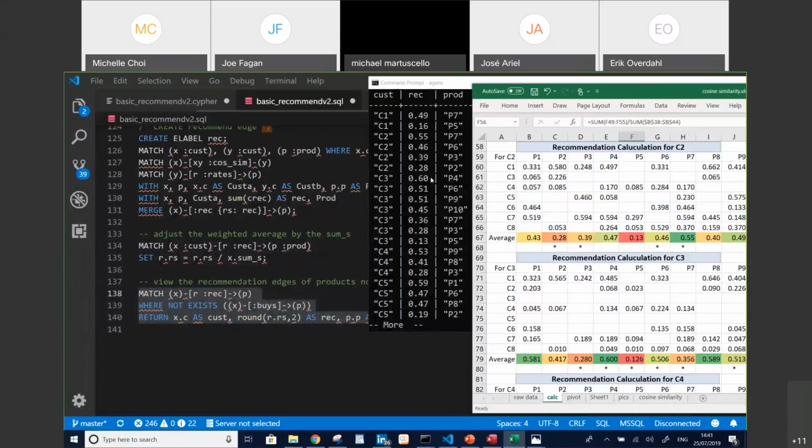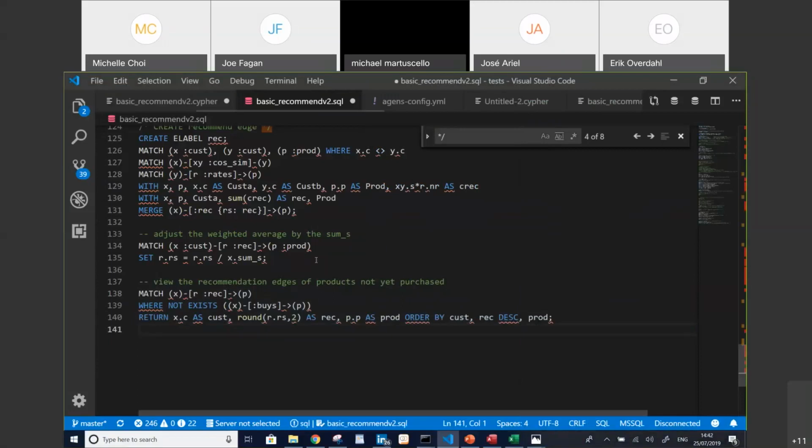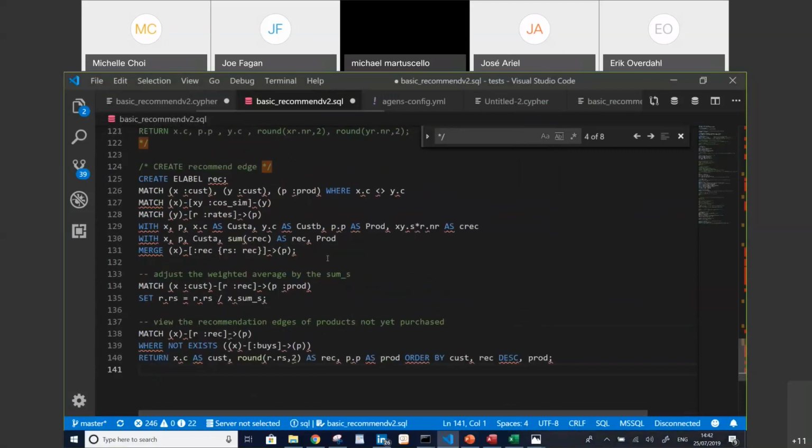C3 favored product 4 at a 0.6 and product 6 then at a 0.51. So let's see, is that true? He favored product 4 with 0.6. The asterisks indicate products that weren't bought. And of the ones that weren't bought, this was definitely the favored product. The second favorite product was P6, which has a score of 0.51, or 0.506. So it seems that we have done exactly in Cypher as we had done in Excel. To my mind, it's actually easier to do it in Cypher.